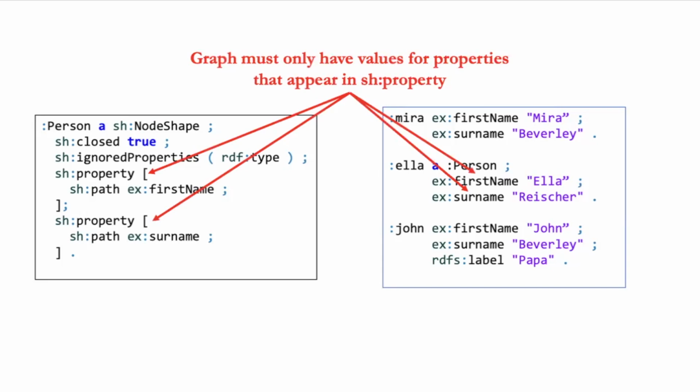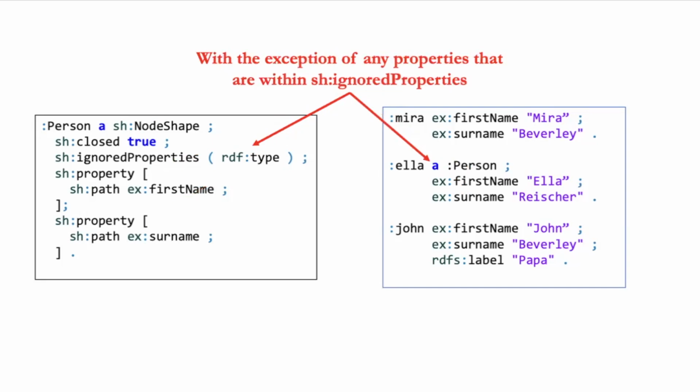And so no others, except the exceptions. So this is like an optional clause. You're not putting any additional constraints. You're not saying anything more about it. You're just saying if it has an RDF type, it's fine. And in this case, Ella has an RDF type, but she also has a first name and a surname. Of course, one of these fails. Which one fails?